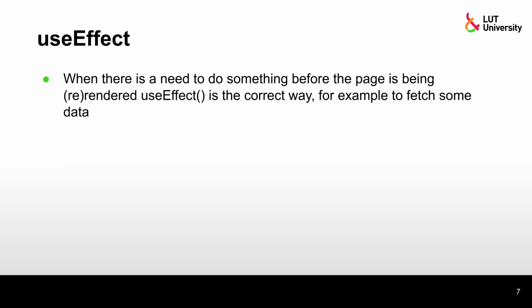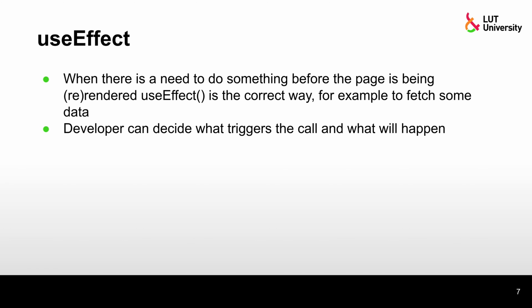Then a few words about useEffect. When there is a need to do something before the page is rendered or re-rendered, useEffect is the correct way, for example, to fetch some data from external sources like an API. The developer can decide what triggers the call and what will happen when it's triggered.